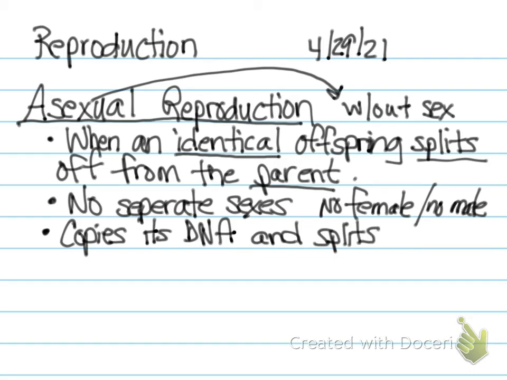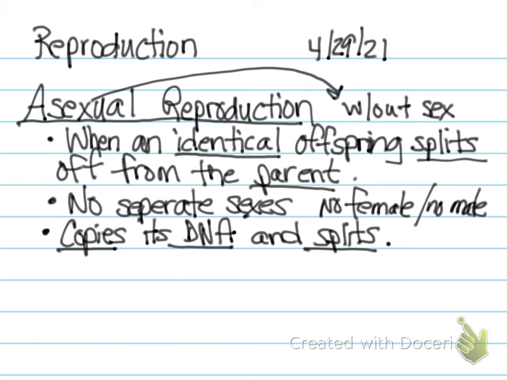So within its own body, it copies its own DNA and then it goes through the split. And we're going to talk about types of asexual reproduction next. And we're going to watch some videos that show the splitting, or what they call binary fission and budding.